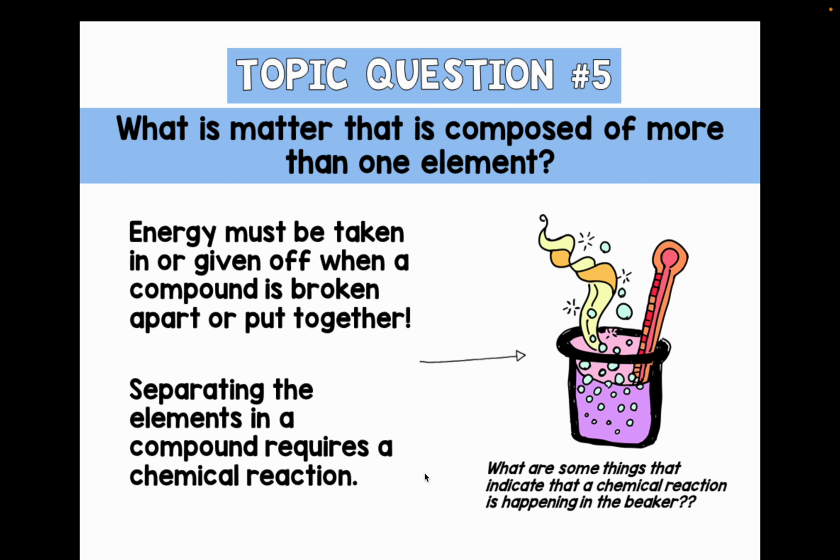Remember, we have already talked about some things that indicate that a chemical reaction is happening in a beaker. When we did our reaction in a baggie, we talked about some of the signs of a chemical reaction. Maybe we give off a gas or an odor. Maybe there's a temperature change or a color change. Those types of things indicate that it might be a chemical reaction.